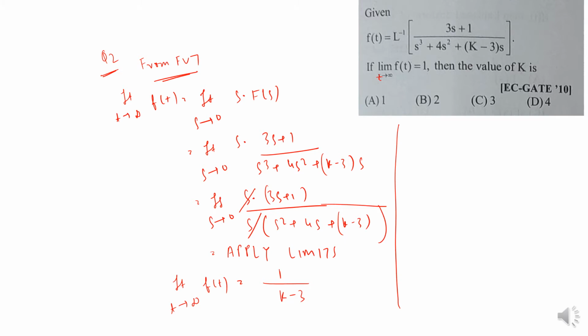Now it is given that limit t tends to infinity f of t is equal to 1, therefore 1 by (k minus 3) is equal to 1. So k minus 3 is equal to 1, and k is equal to 4. Option D is the correct answer.